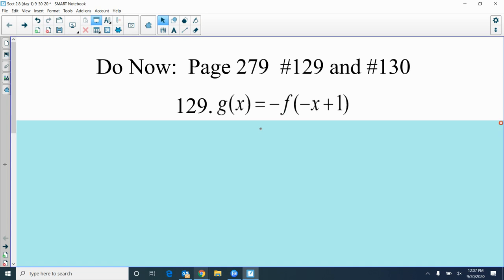Jumps over here, and then everything flips. So to actually get it over there with that reflecting across the y-axis, you actually have to shift it the other way. So think about that when you're doing 130. And that is not just a straight reflection. There is a shift involved across there.